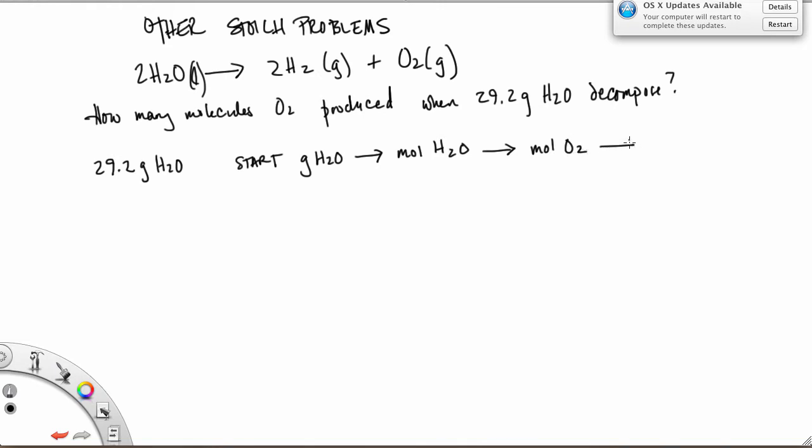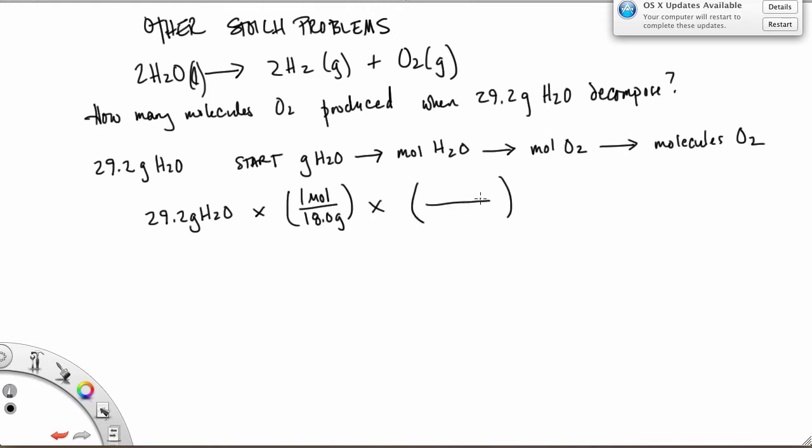And once we're in moles of oxygen, we can find molecules of oxygen. So we'll start with 29.2 grams of water to convert to moles. I'm going to divide by the molar mass of water, which is 18 grams. And then I need to convert to moles of oxygen.